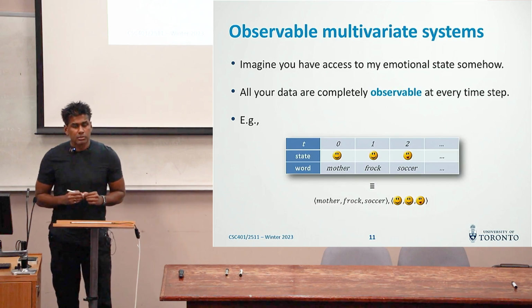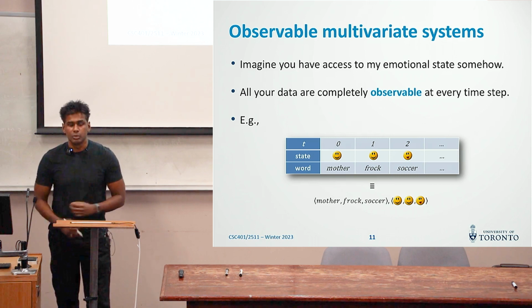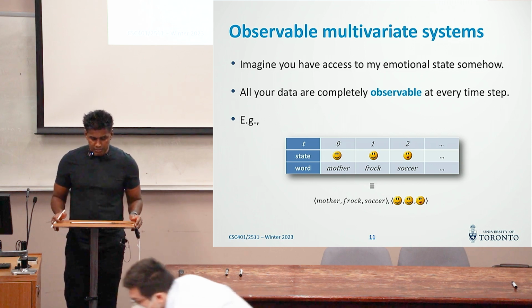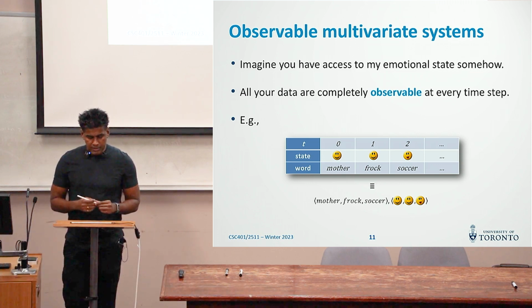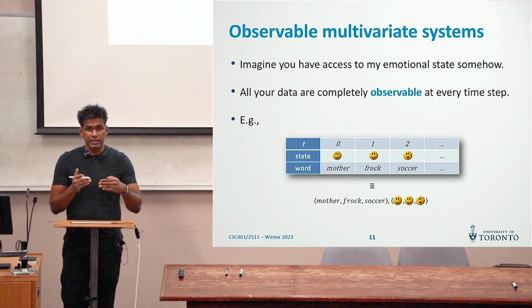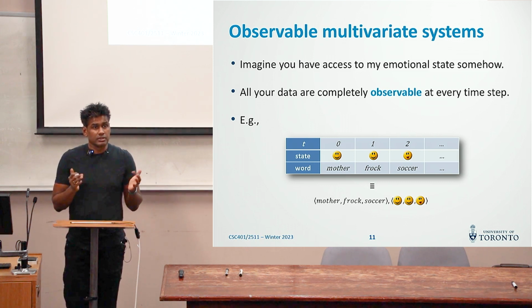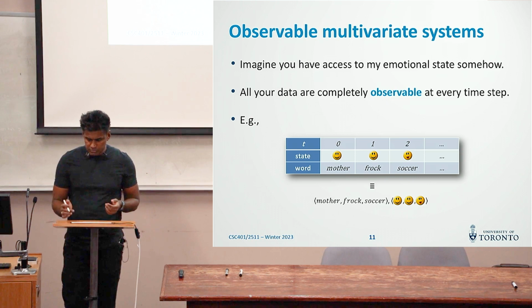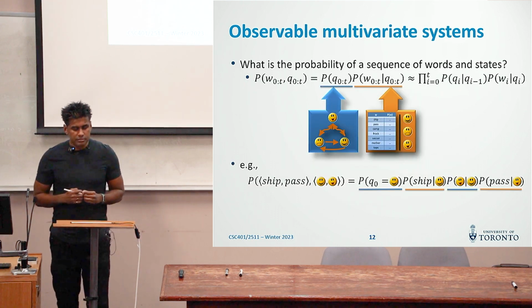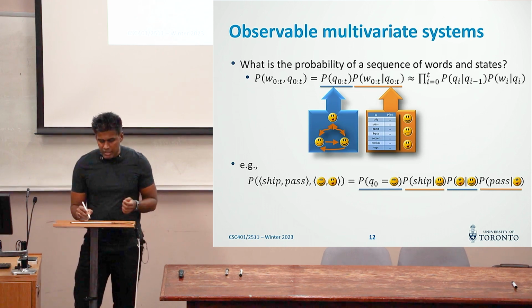In the case where we actually had access to our underlying emotional state and all the data were observable at every time step, this becomes a simple problem. We can calculate the probability of our observation with a maximum likelihood estimation, which is formalized in the top equation.